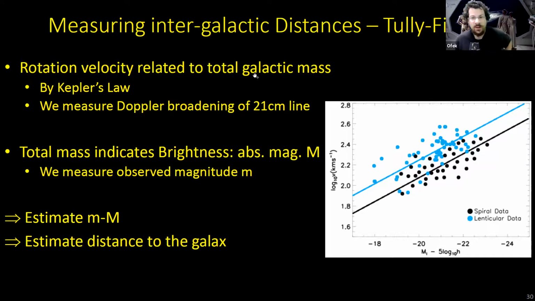If we then use this relation between total mass and absolute brightness or absolute magnitude, like the one that's presented here on the right, then if we see the velocity, we can estimate the mass, or rather indirectly plot the velocity on the left and guess the absolute magnitude on the x-axis.